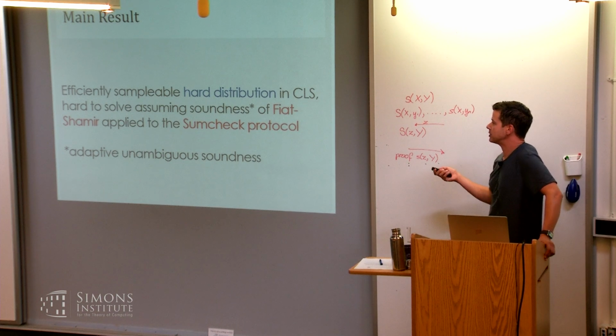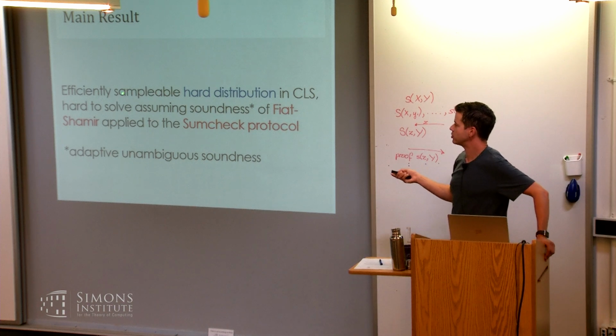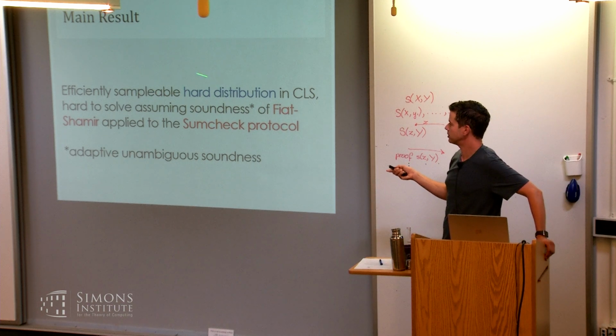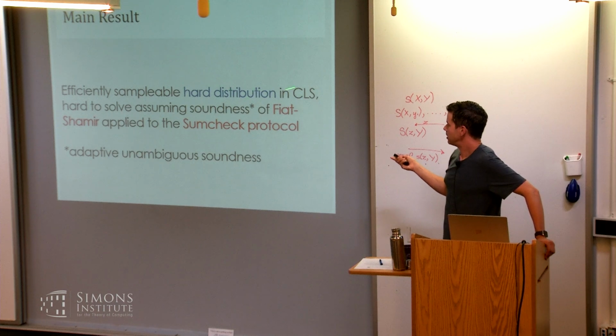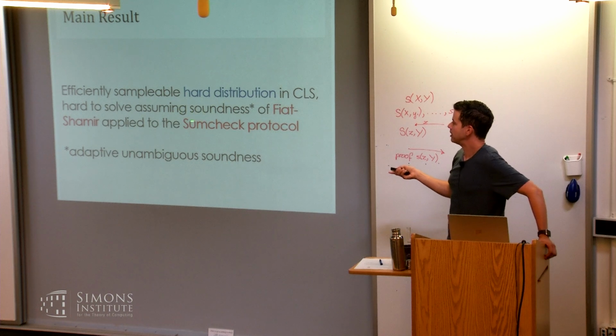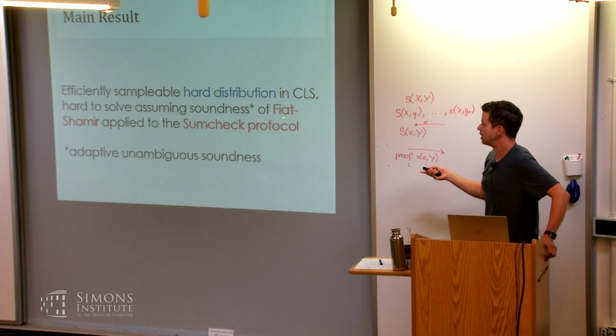The main result that I told you about today: an efficiently sampleable distribution, so a distribution that we can sample from in polynomial time, that's in CLS or PPAD, namely meaning we can solve it in CLS or PPAD, and a proof that it's hard to solve randomly sampled instances from this distribution, assuming that a particular proof system is sound.